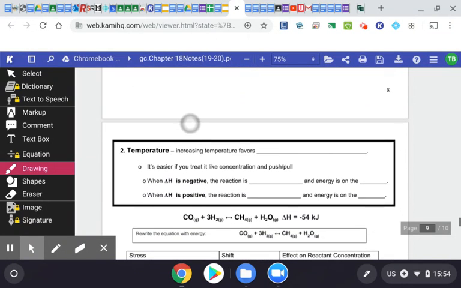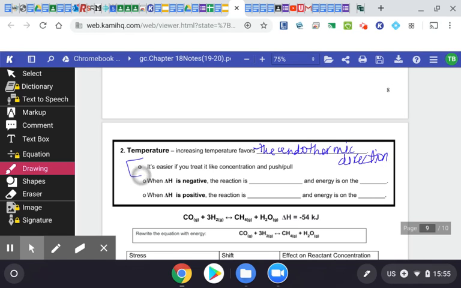All right, the next stress that affects equilibrium is temperature. Temperature states that increasing temperature is going to favor the endothermic direction. Now that's all good and great as long as you know what the endothermic direction is.